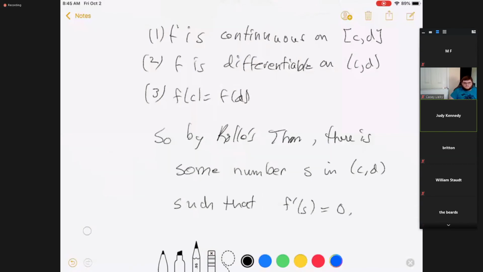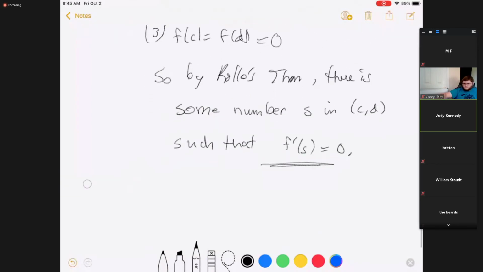So Rolle's theorem says that this has got to be true if I've got two places where f of C is equal to f of D, which is equal to 0, right?